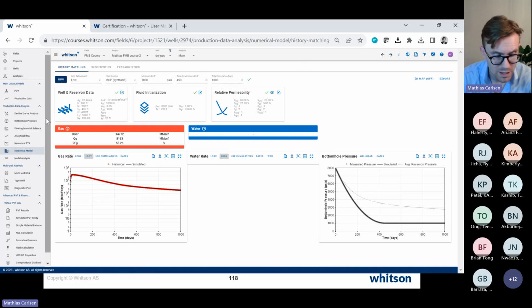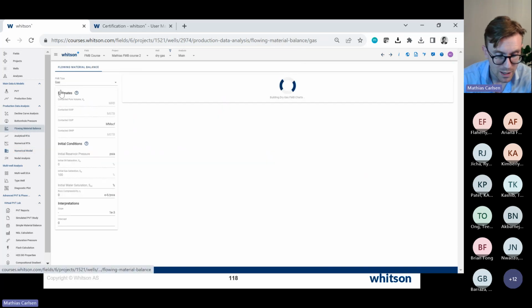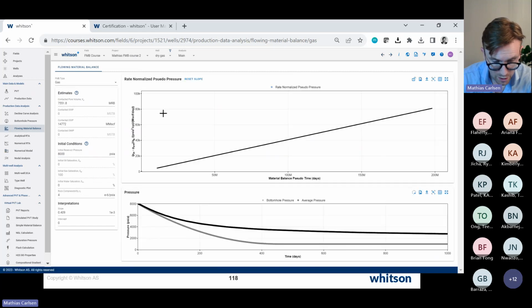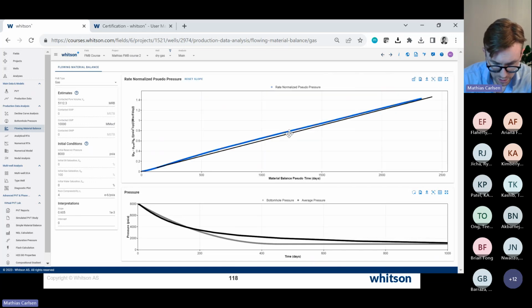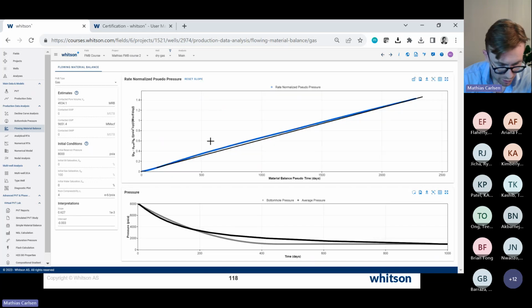So 14.7 BCF, I will not be able to see that if I run the gas FMB here, or if I put in something like 10,000 for OGIP, for instance. Then most likely it would converge somewhere around 10 here, or 9.6.